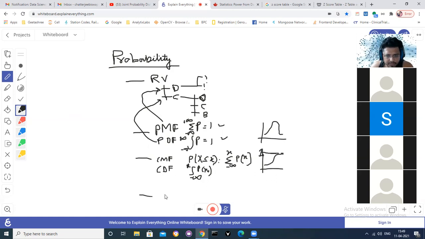After that, we read about mean, variance, and standard deviation, and then z-score statistics. So this is probability we read.